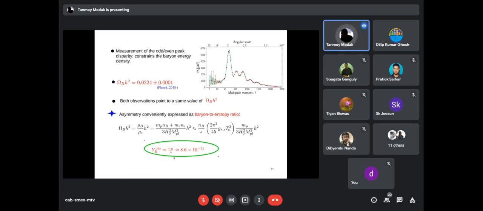That's why people typically express it this way. This is the so-called magic number. If you have any model, you want to explain this number. In most models, we express the baryon asymmetry we have in the universe as roughly 8.6 times 10 to the minus 11.